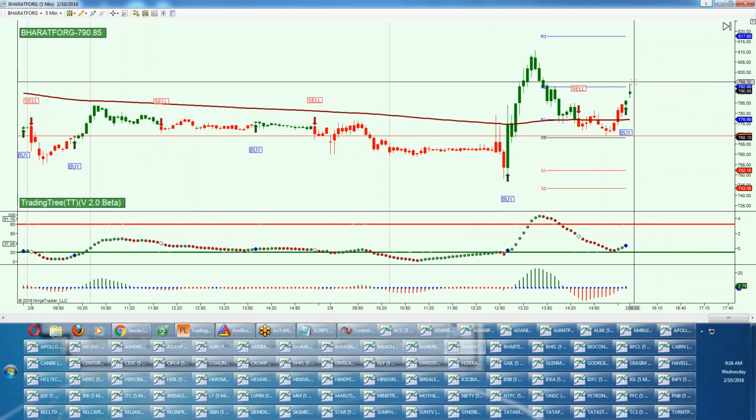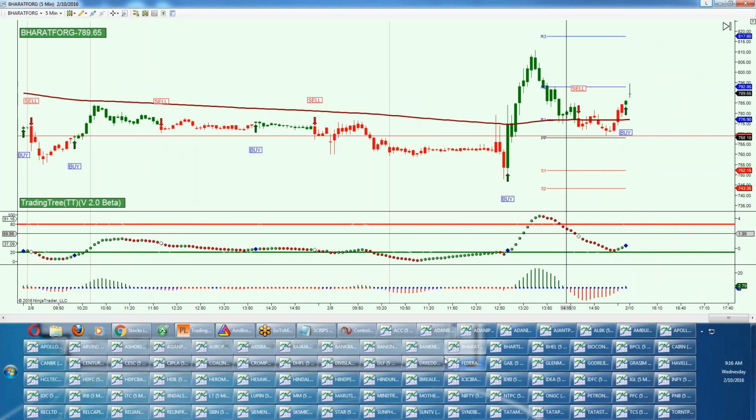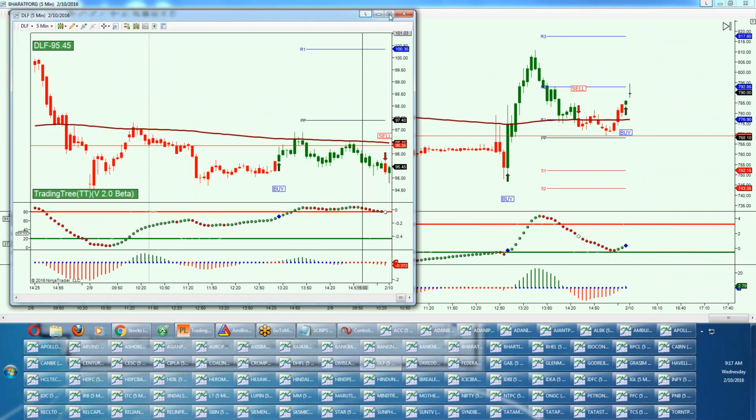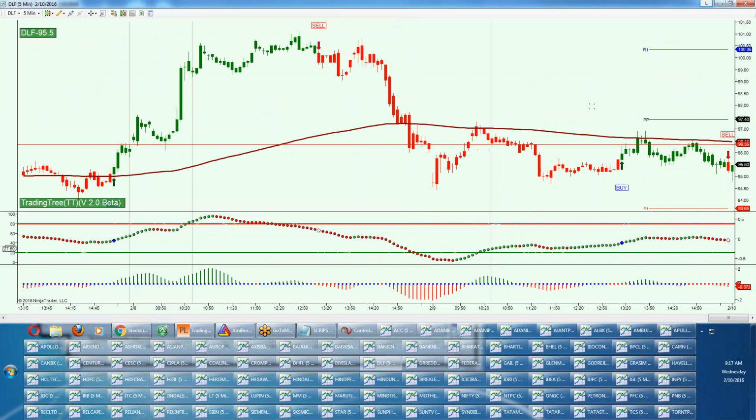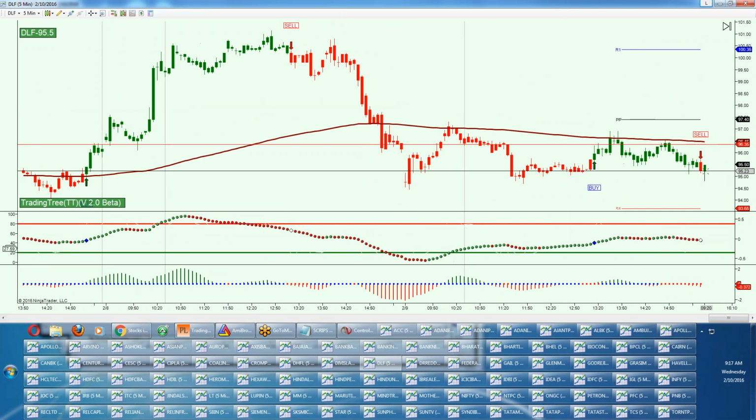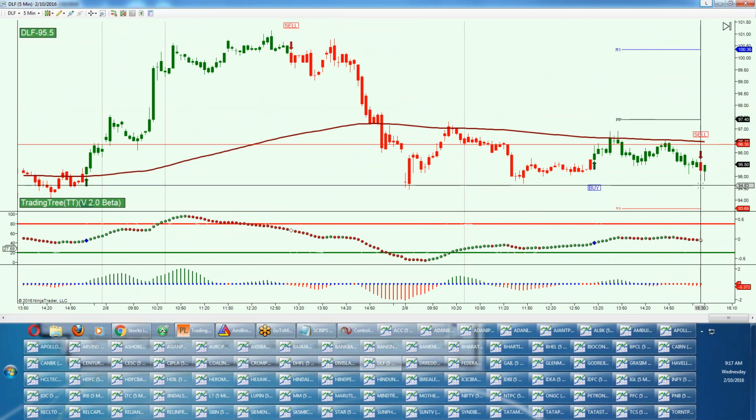You can buy at this level, and that is 795.40. DLF, we have a sell. We'll just wait till this candle closes, or you can short it at this level, 94.60.